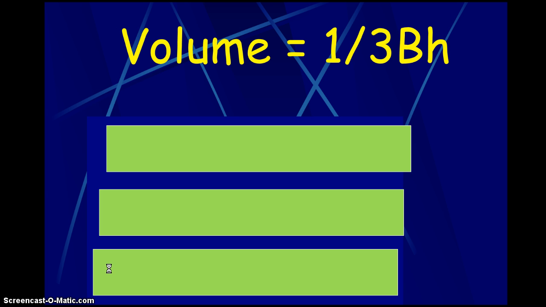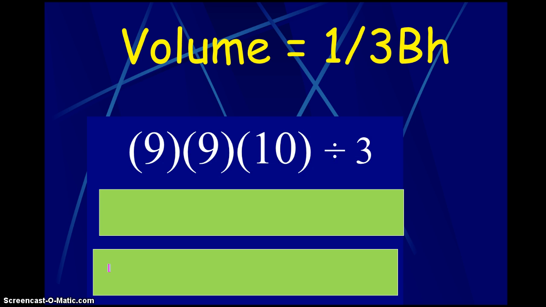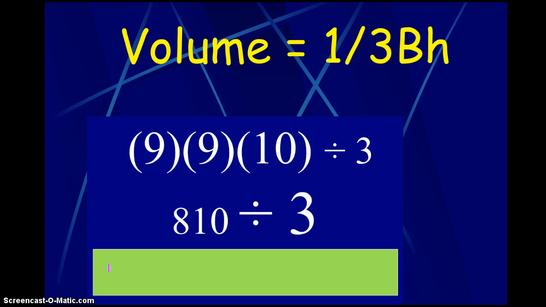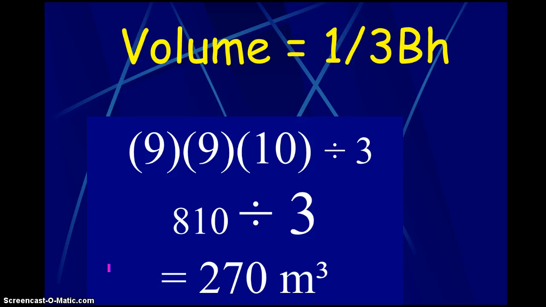So when we plug this information into our formula, it's going to be 9 times 9, or 9 squared, times our height, which was 10. We're going to ultimately take that product and divide it by 3. 9 times 9 is 81, times 10 is 810. Divide it by 3, 270 meters cubed.